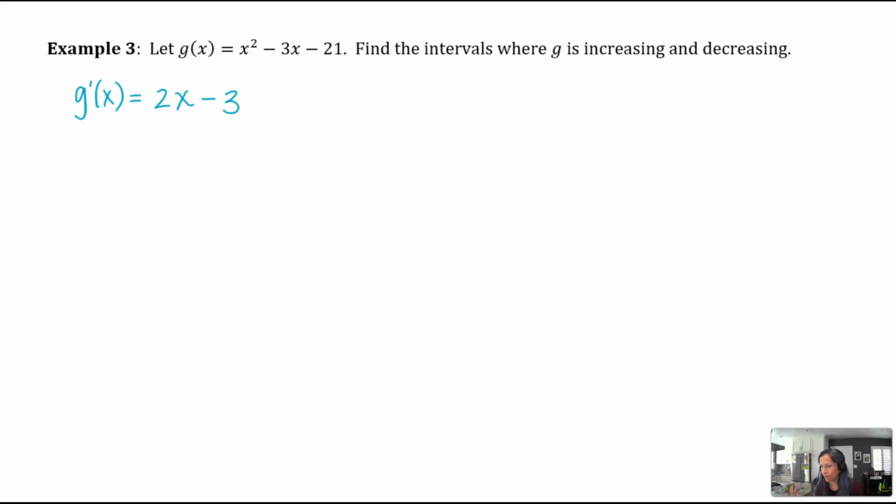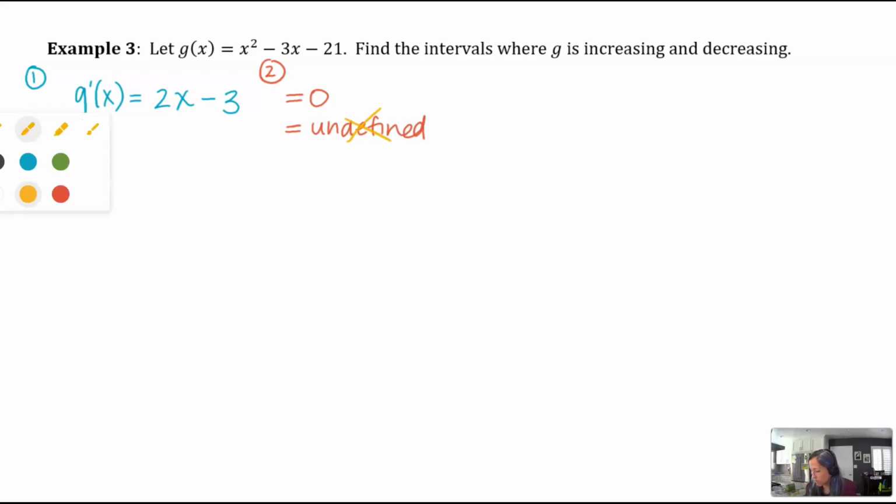Then it says, okay, well, we need to figure out our critical values. So we need to think about when is this, right? So that was our step 1. If we write down steps, I don't really love it, but it's okay. Step 2 is to say, well, when is this equal to 0 or undefined? Now this is just a linear function, so there's really no reason to be talking about undefined. That's never going to happen here, but it can equal 0. Very straightforward solve there.